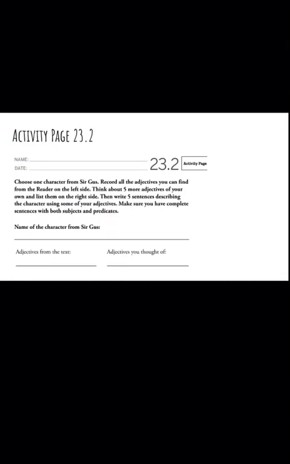Then write 5 sentences describing the character using some of your adjectives. Make sure you have complete sentences with both subjects and predicates. Okay, remember an adjective is a describing word. Describe something. Okay, sticky, small, things like that.